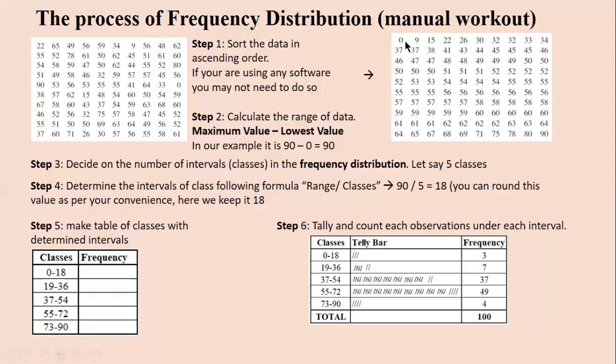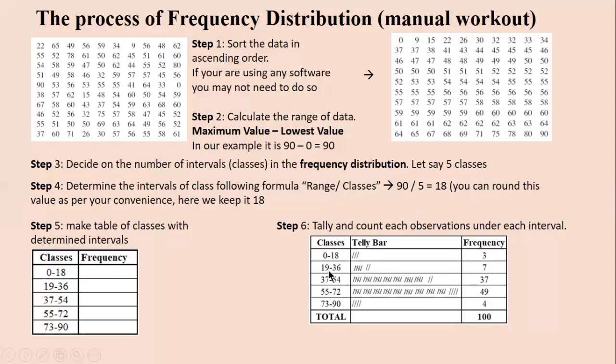So here we go to the sorted table. We can see that from 0 to 18 we have 0, 9, and 15. These three values come into our first classification. So here are 3 bars, and 3 bars means that 3 is the frequency. It means that there are 3 observations which belong to this group or this range.